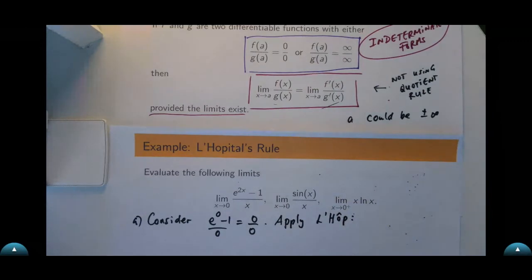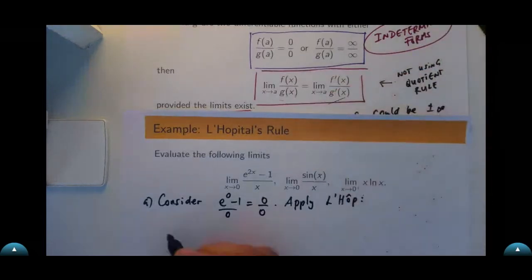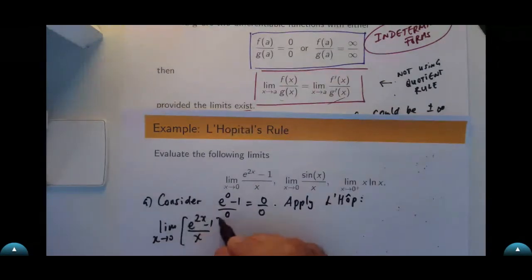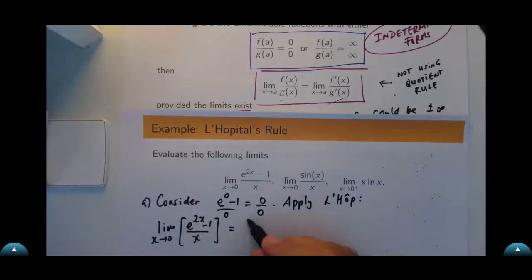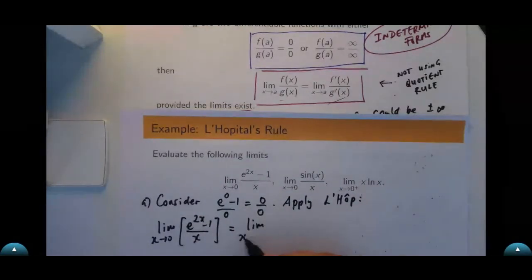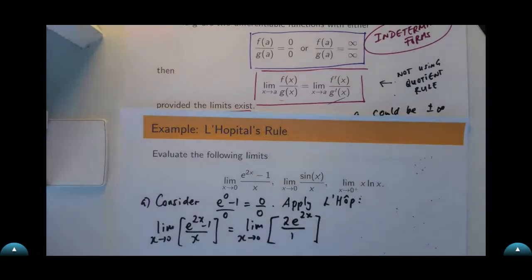So I'm going to apply L'Hopital's rule, the hop for short, and we can use this thing here. So I'm going to differentiate the top, and I'm going to differentiate the bottom independently of each other. And now what happens?